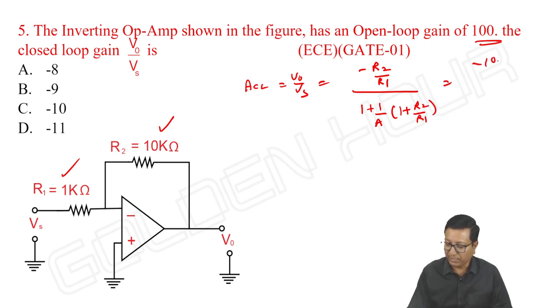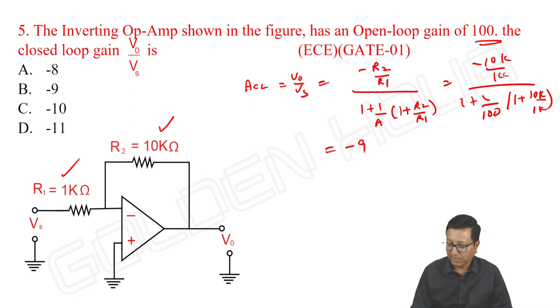I did the same example, I think so, right? 1 plus 1 by 100 into 1 plus 10K by 1K. It is minus 9.01 something, you will get it. So minus 9 is the answer.